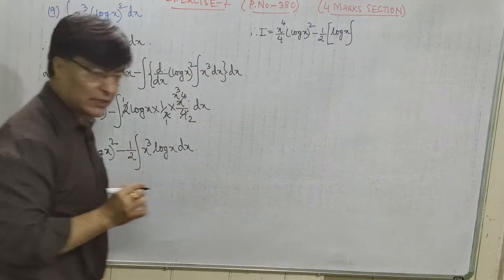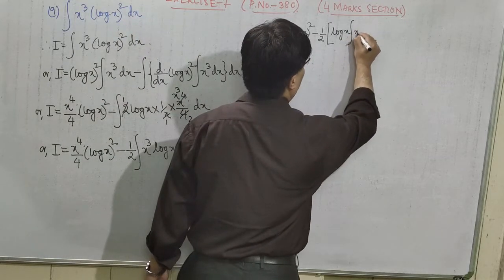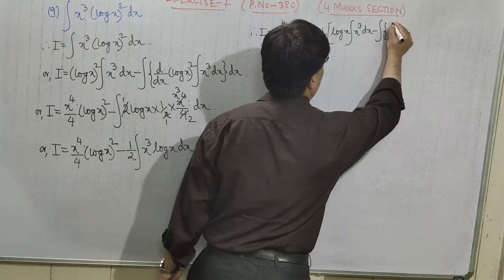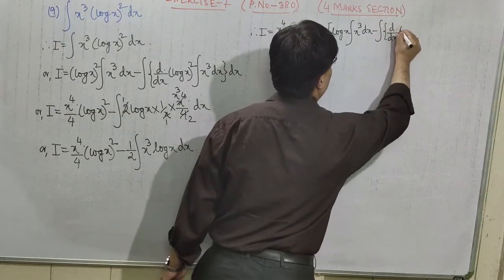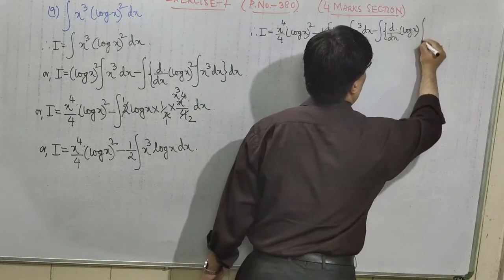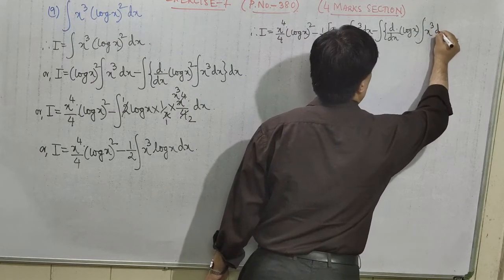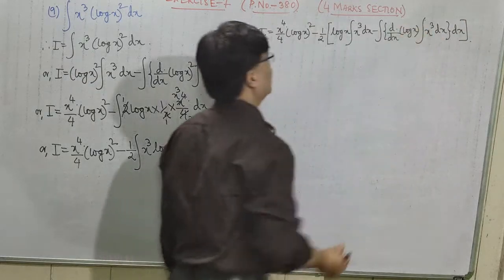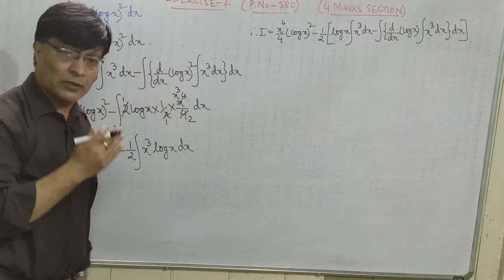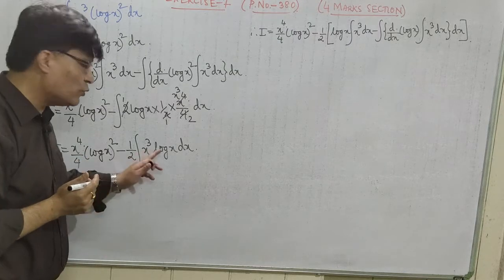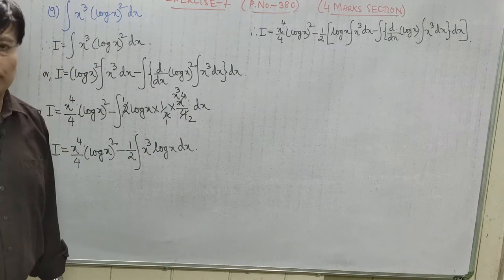Integration of x cube dx. This is x cube dx minus integration of second bracket. This is dy dx of log x, right? Then integration of x cube dx, second bracket closed, dx. Then third bracket is closed. So you have used integration by parts for this two function, that is x cube log x.